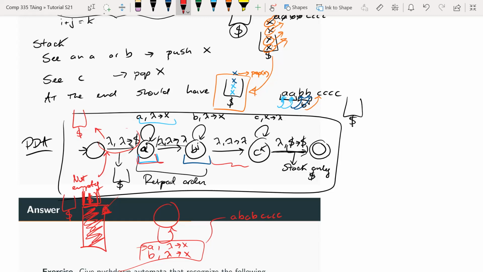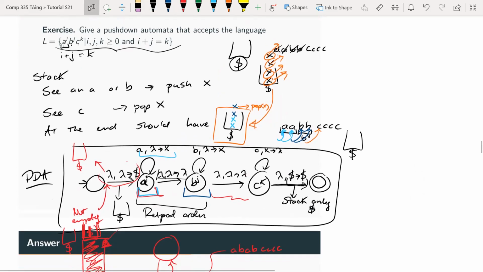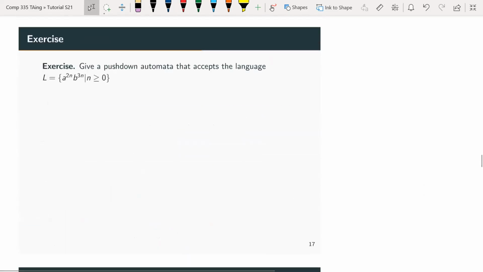Okay. So any other questions about this? No? Okay. So we're going to do another exercise, and this one I'm not going to give you the idea. I want you to think of what the idea is with the stack. So you want to accept the language of strings where your strings look like a^(2n) b^(3n). In other words, let's say n is 2, then you can accept something like a^(2×2) b^(3×2), so a^4 b^6.